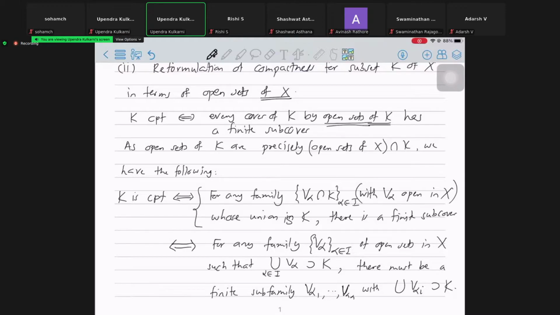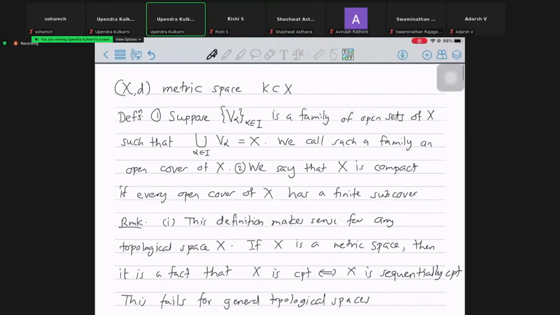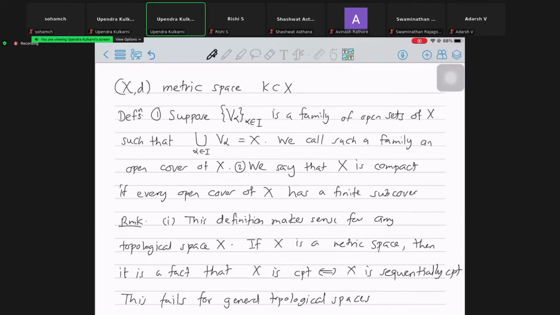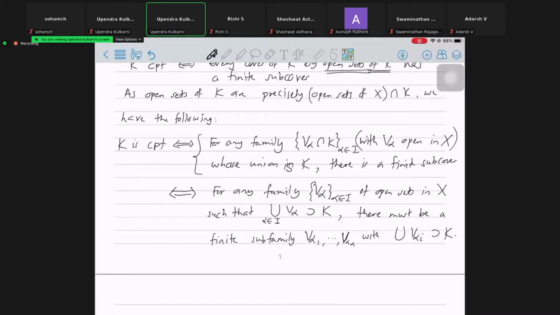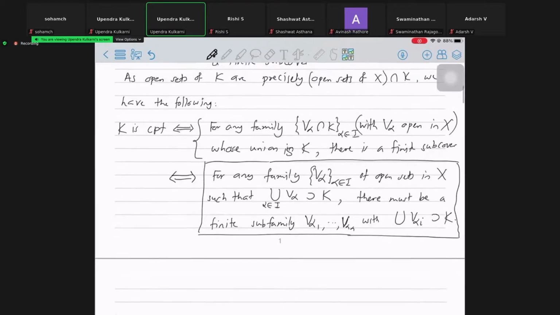However, if I ask a question, is K compact? Then whether I regard it as a topological or a metric space within itself and apply the first definition of compactness, or if I regard it as a subset of X and use this definition of compactness, I will get the same result. So let me write this as a remark.